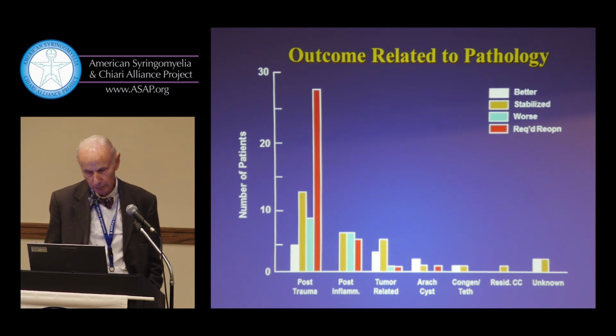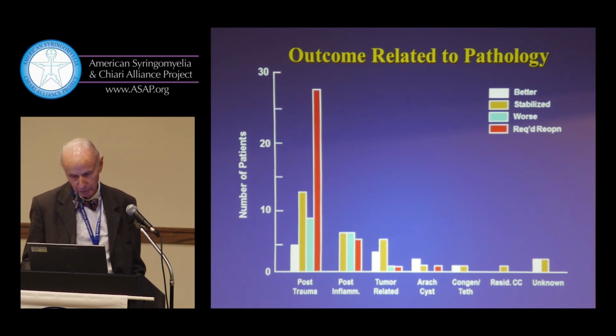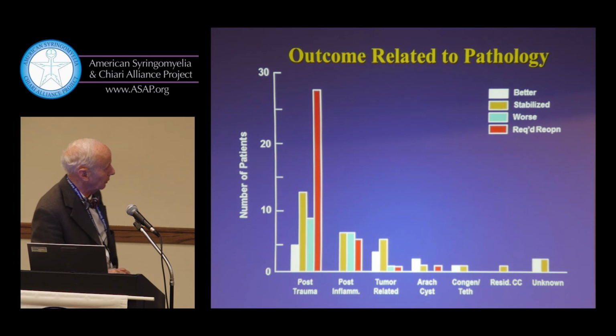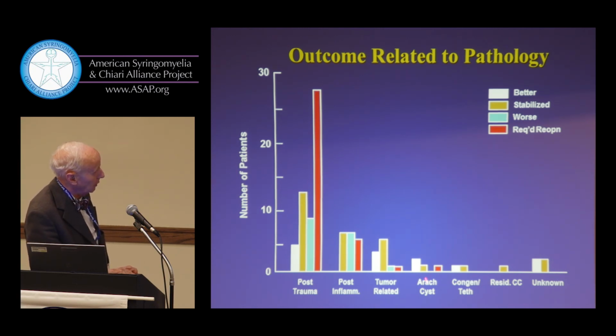The best results, I don't know whether you can see this, but our best results were really in patients who had an arachnoid cyst, in other words, a very focal obstruction of the subarachnoid space. Patients who had trauma as the cause of their syringomyelia were the ones who were most likely to require revision, post-inflammatory ones as well.